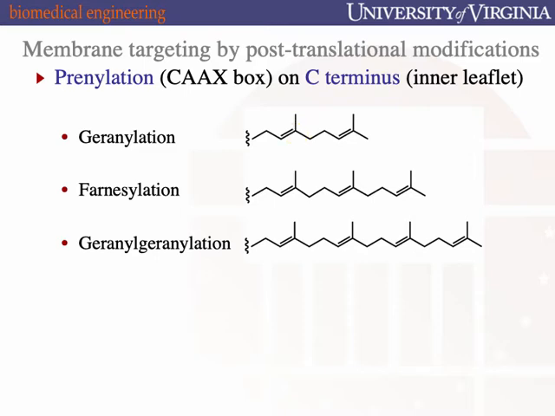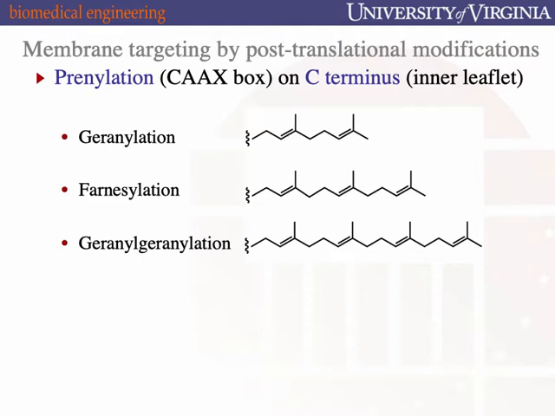Prenylations occur on proteins. They'll occur on any protein which at its C-terminus has what's called a CAAX box. And CAAX is nothing more than the one-letter abbreviation for the amino acid sequence at the C-terminus that will render it prenylated. C is a cysteine, A, two alanines, X is any amino acid. If there's a protein that has CAA something, it will get prenylated.